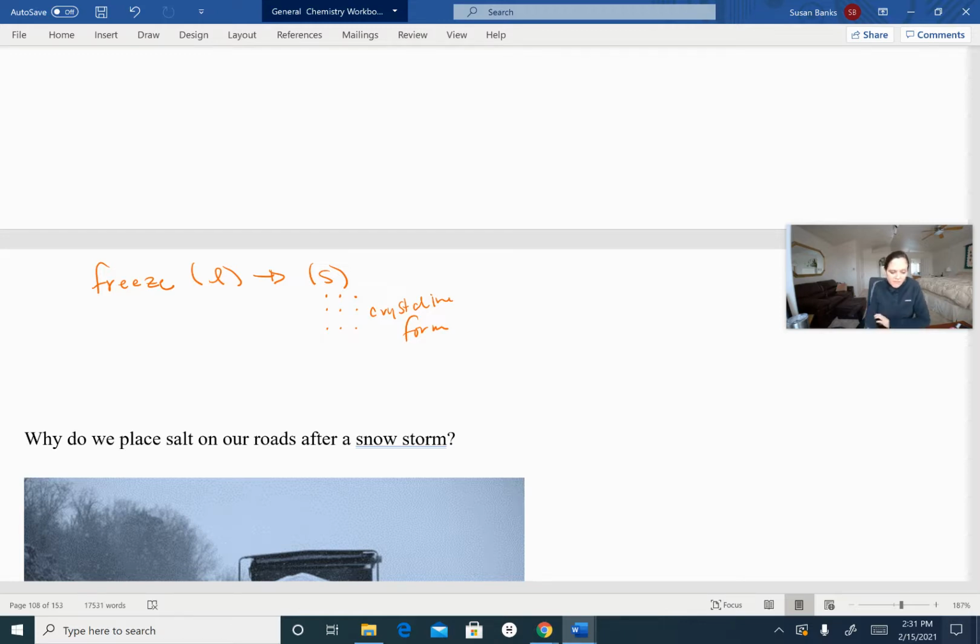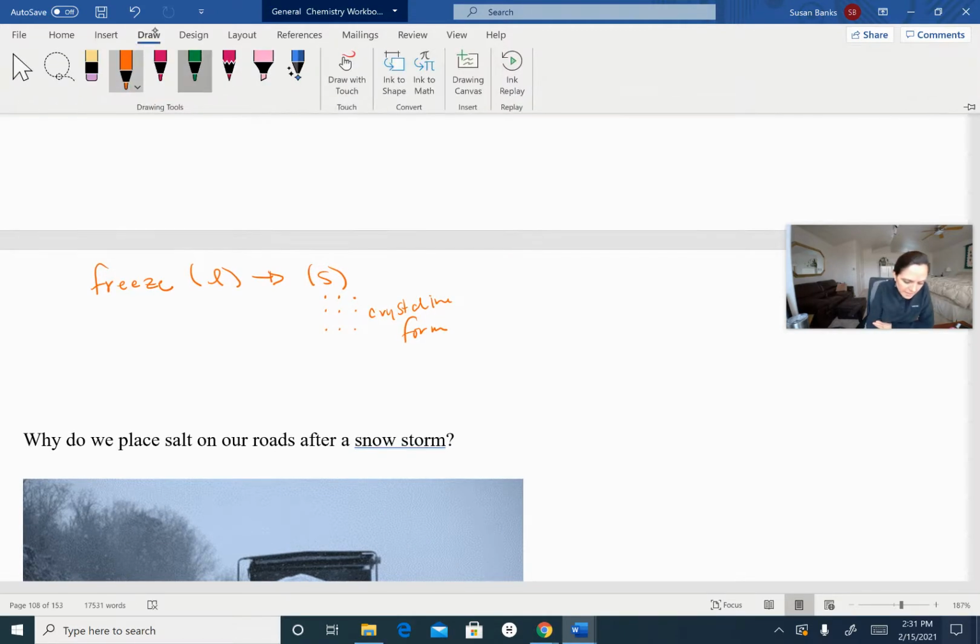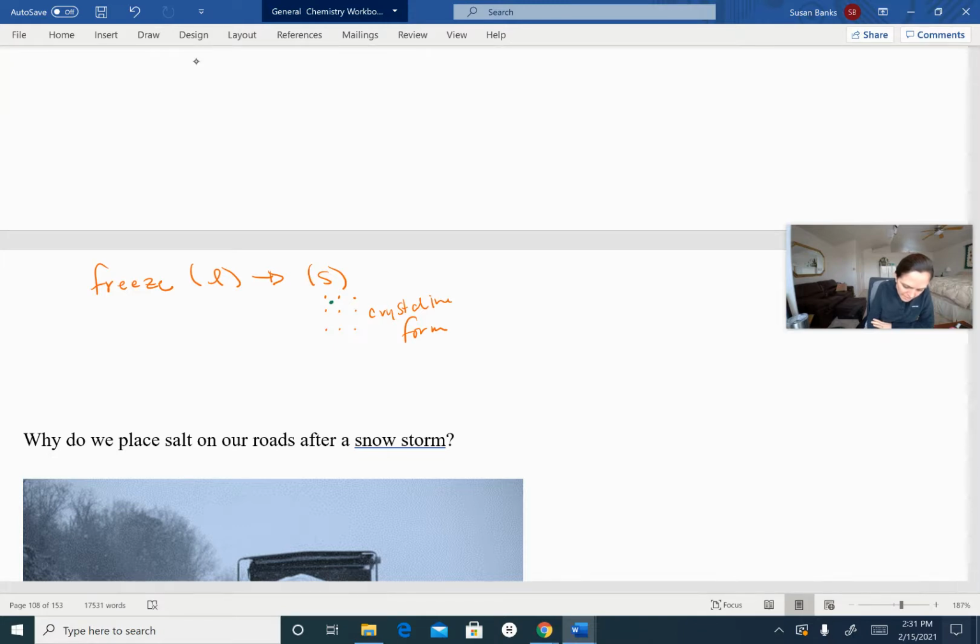If I have a foreign object in there, like a foreign molecule, it ruins that nice crystal pattern. And so having that solute in there ruins that crystalline structure. It ruins that pattern and makes it harder to make that solid shape.